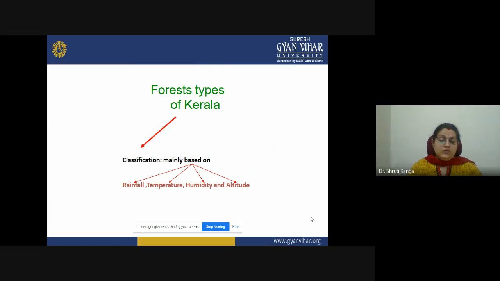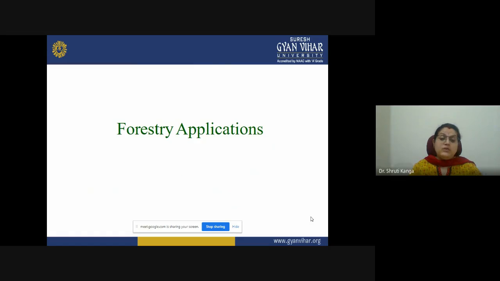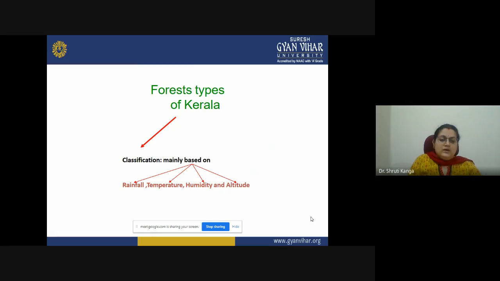Now, for showing different applications of remote sensing and GIS, we have taken a case study of the Idukki district of Kerala, where the forest types of Kerala were first categorized, and then the classification was done on the basis of rainfall, temperature, humidity, and altitude.